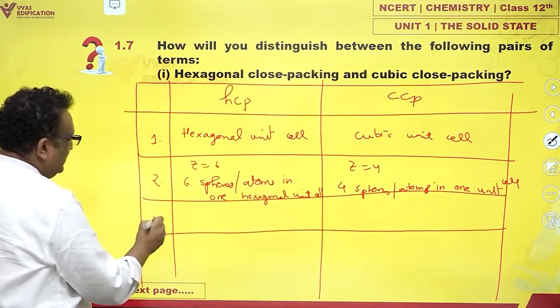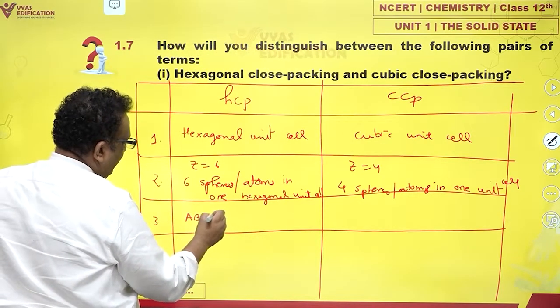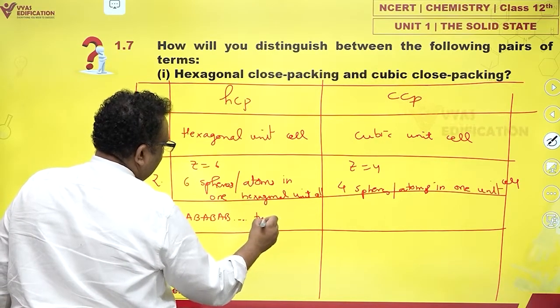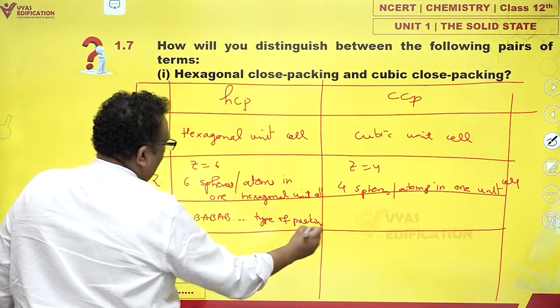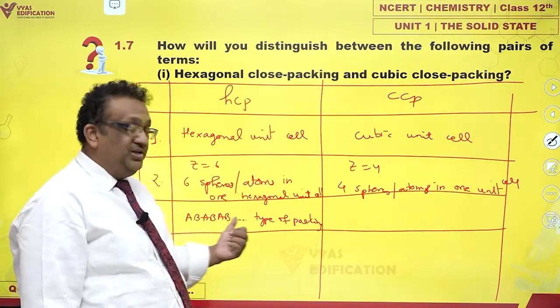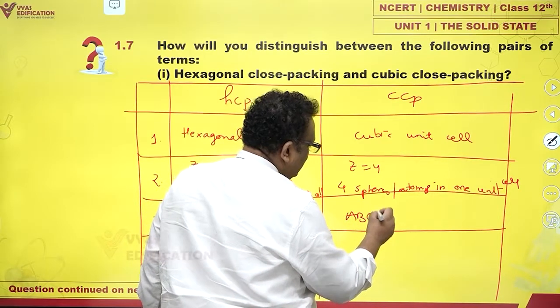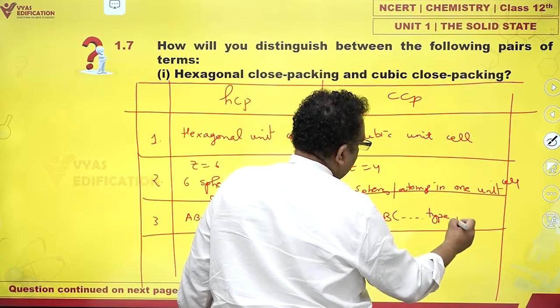Anything else? Yes. It represents AB, AB, AB type of packing. But the alternate layers are identical. And this represents ABC, ABC, ABC type of packing.